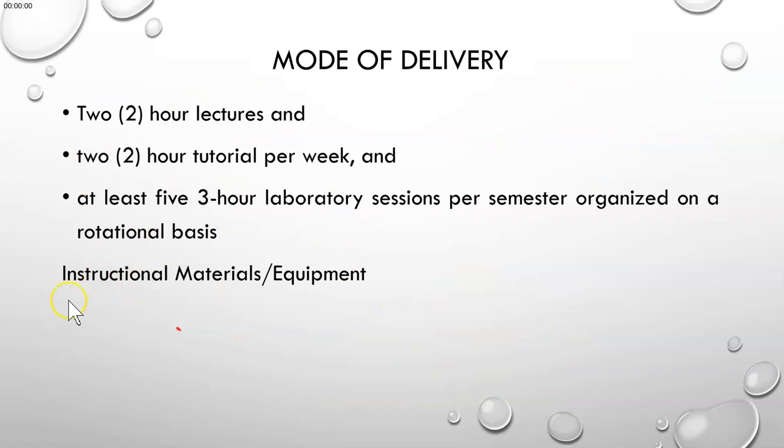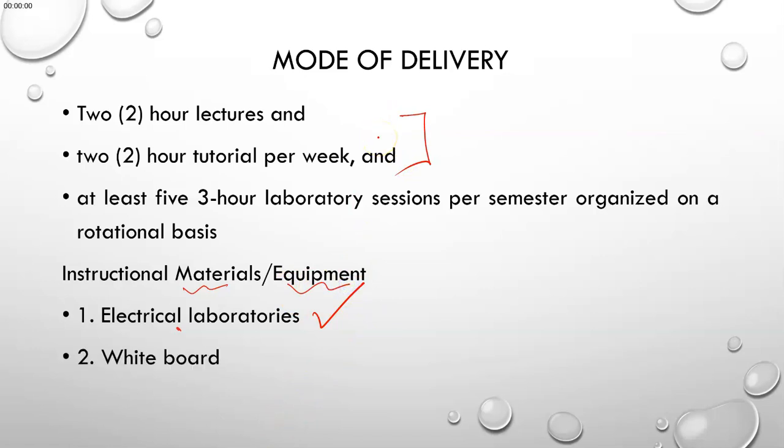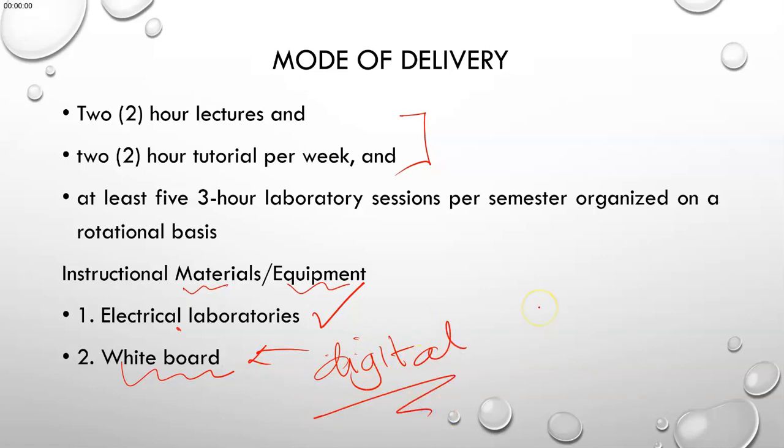Beyond this, we need some materials, and of course, as we have mentioned, we're going to need the lab to carry out the experiments. Some equipment you're going to need, as highlighted, is the whiteboard. This is more or less me needing it, and of course mine is a digital whiteboard, so you don't need to worry about that requirement.